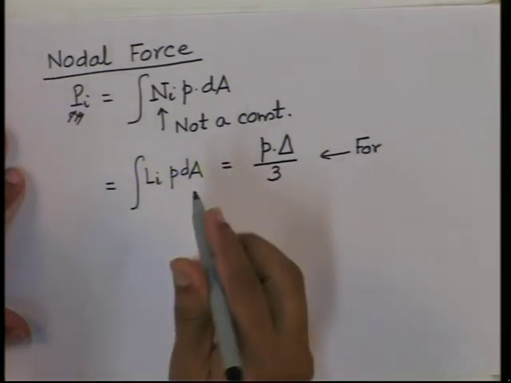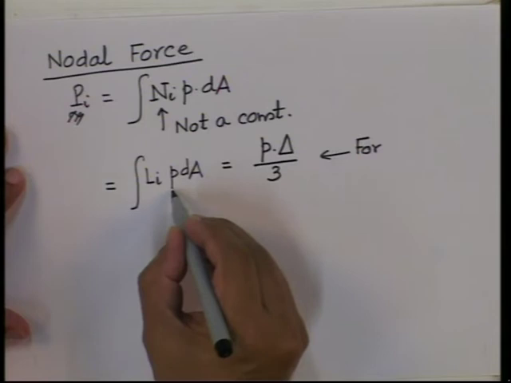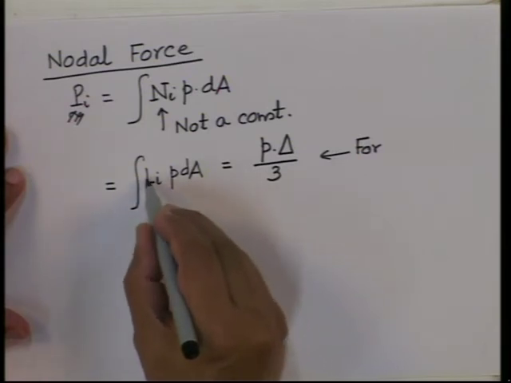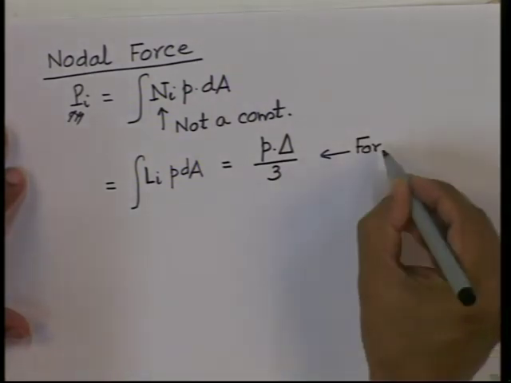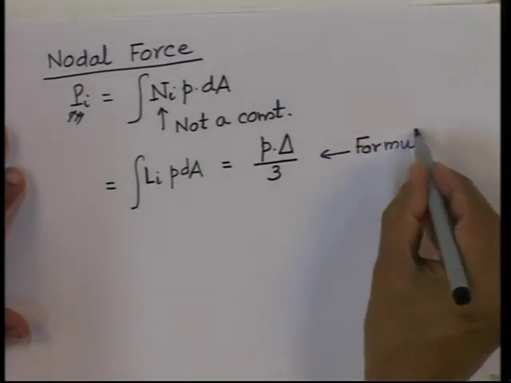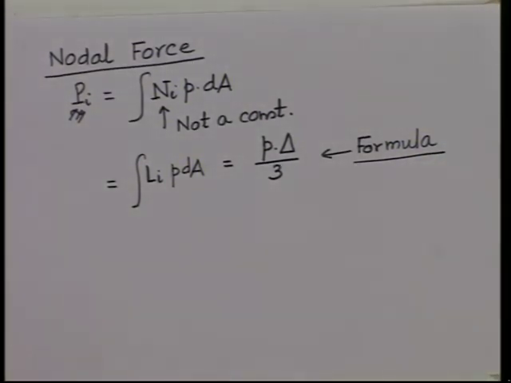If you have a function like this, where you have Li, the shape function in area coordinates, if you write down, then P dA. So, this is the formula that they have given. Yes, it will be like this.